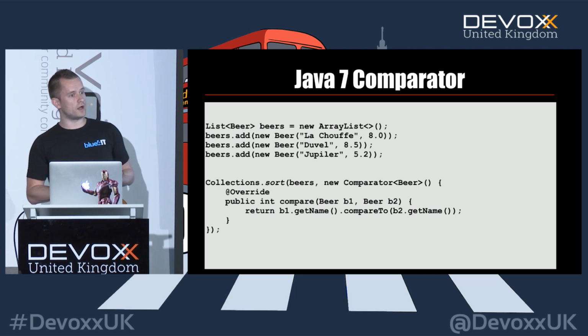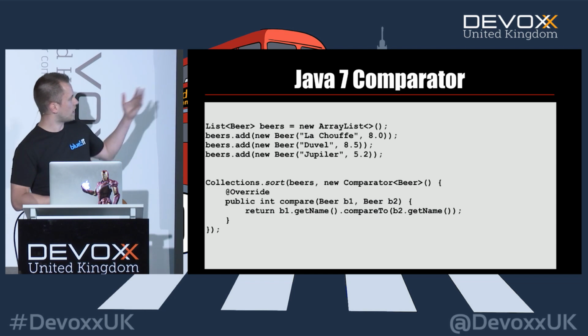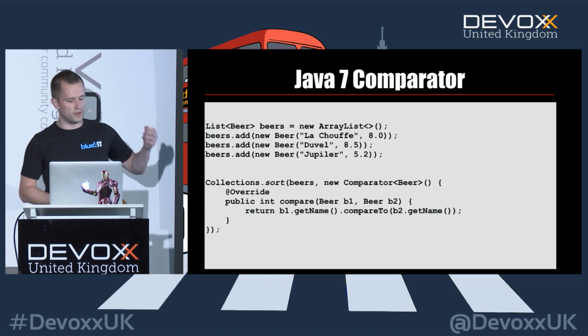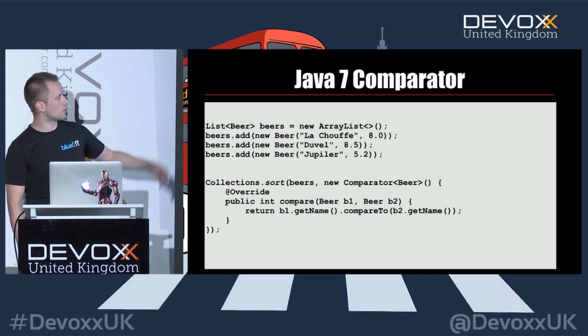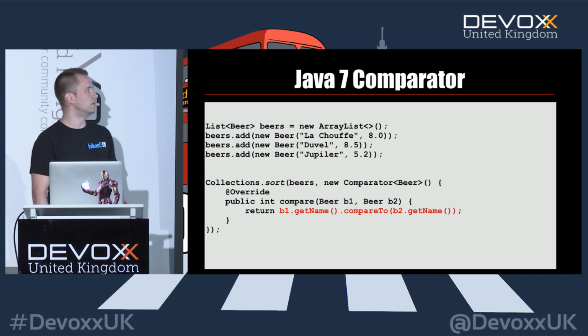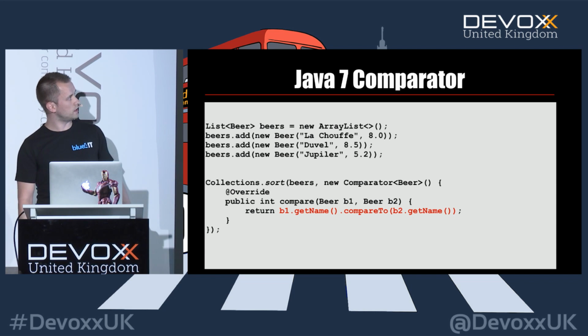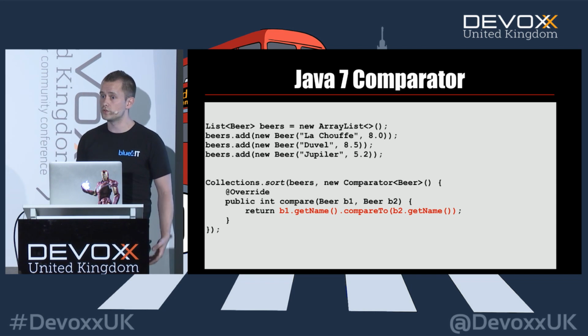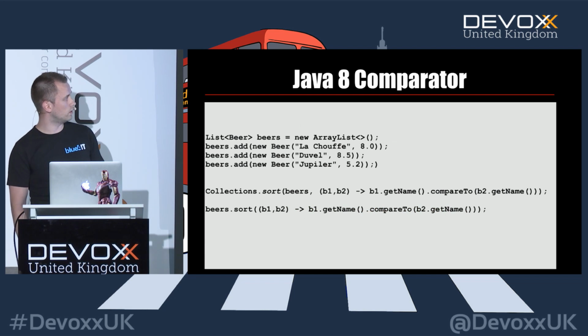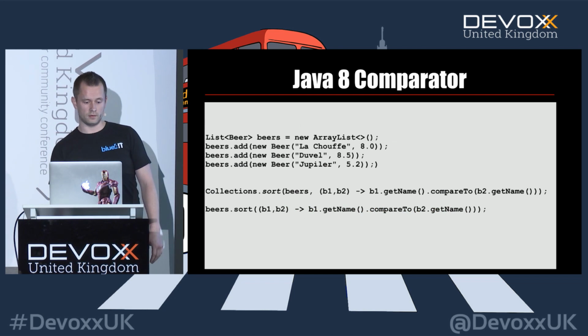And if I want to sort my list, I had to do all kinds of nasty stuff with an override, and I had to implement a compare method, whatever. But the only interesting part is this. The rest is boilerplate. So doing this in Java 8, the comparator is also a functional interface. We can now do it like that.